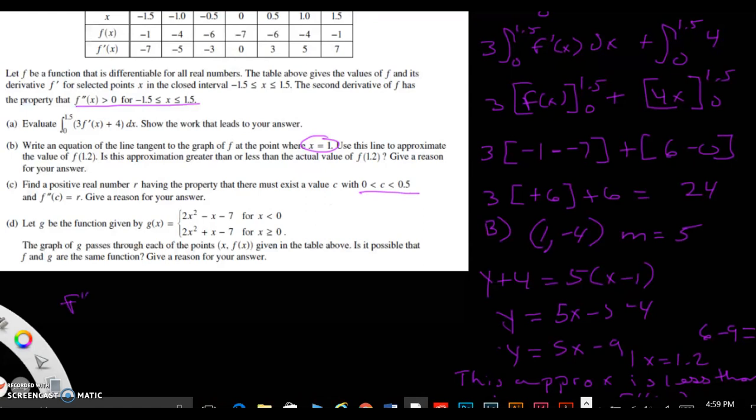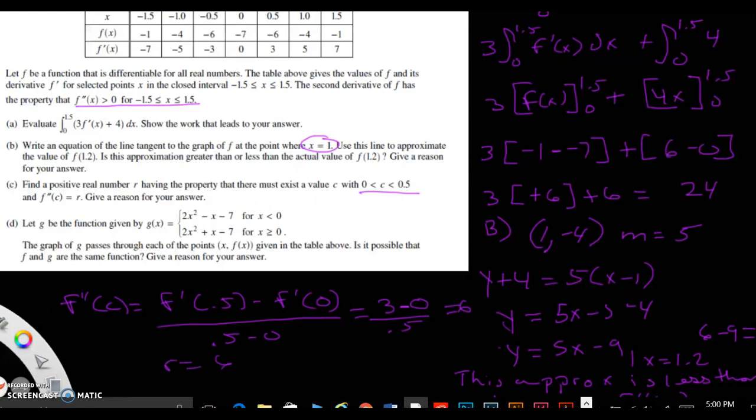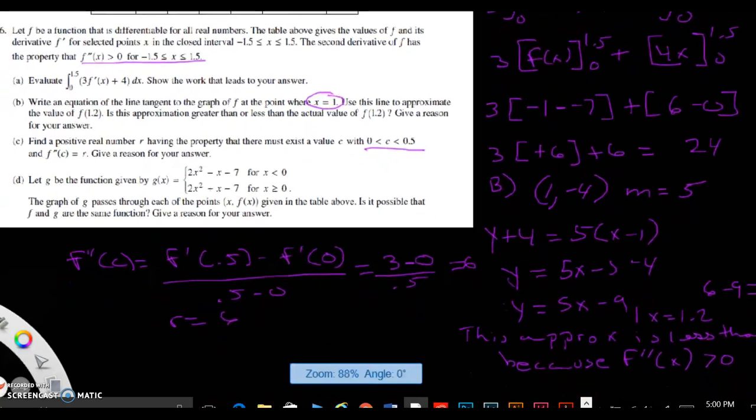We could do f double prime of c equals f prime of 0.5 minus f prime of 0, over 0.5 minus 0. So what's f prime of 0.5? That's 3. Minus, what's f prime of 0? It's 0 also. Over 0.5, so we're going to get 6. So R equals 6.